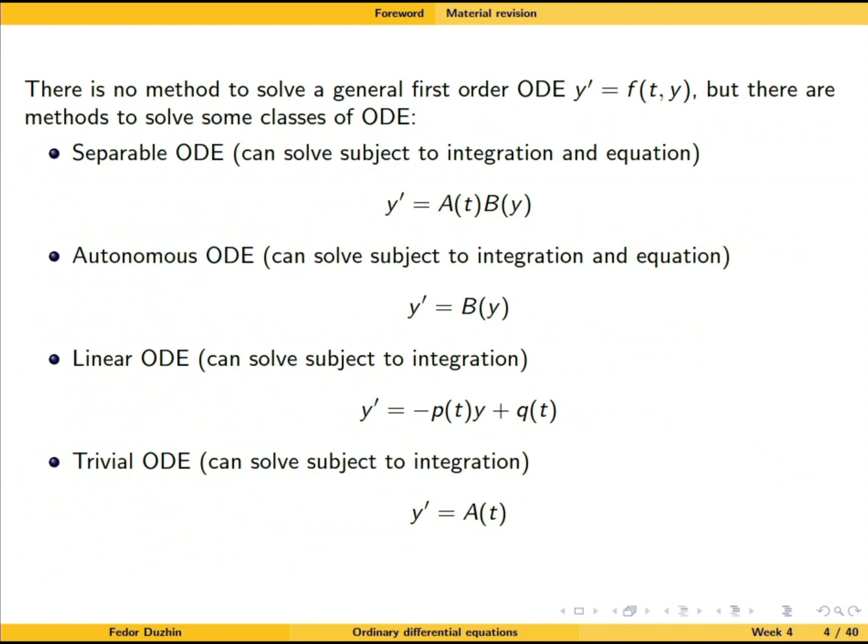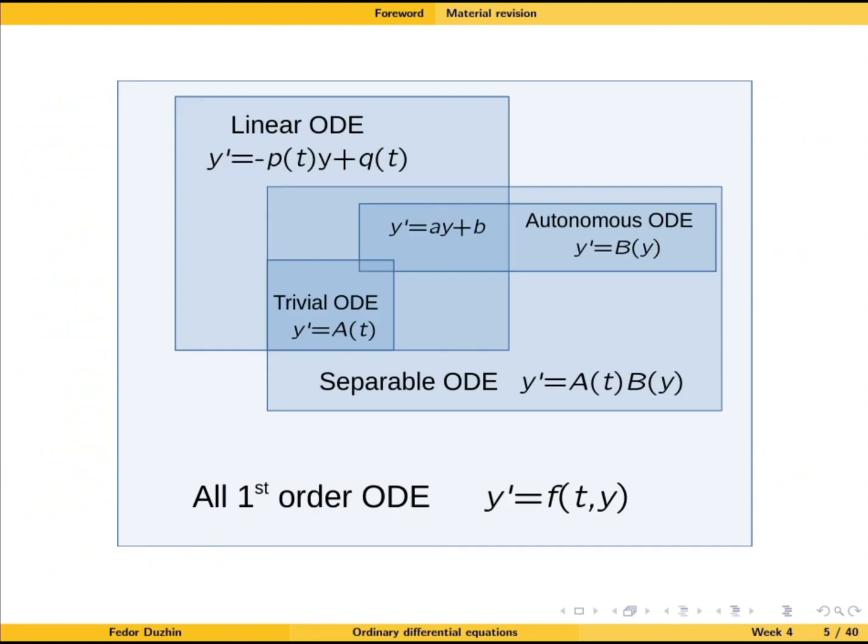These are some classes of differential equations that can be solved explicitly. These classes overlap, right? Basically we have all possible first-order differential equations. Each differential equation looks like y prime equals some expression in t and y.